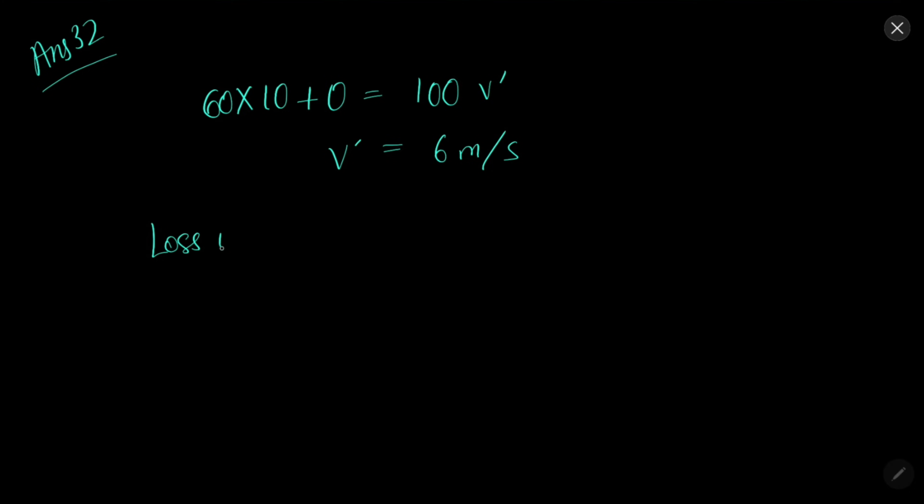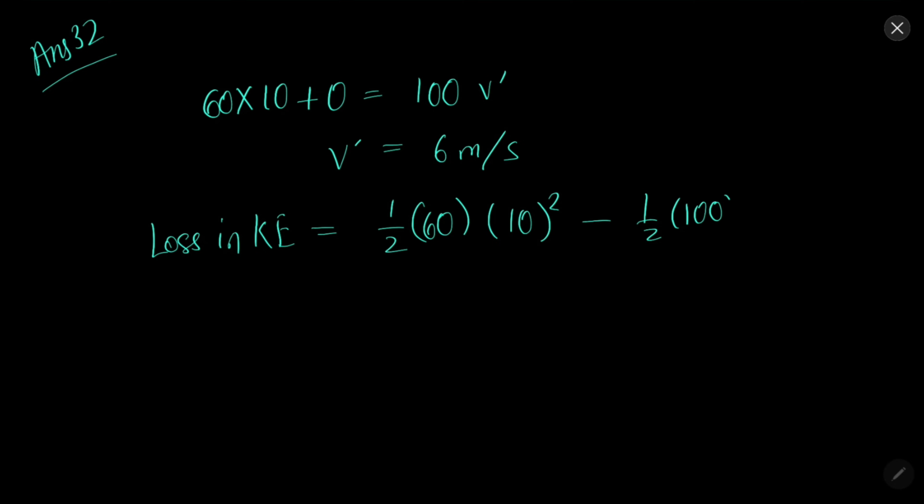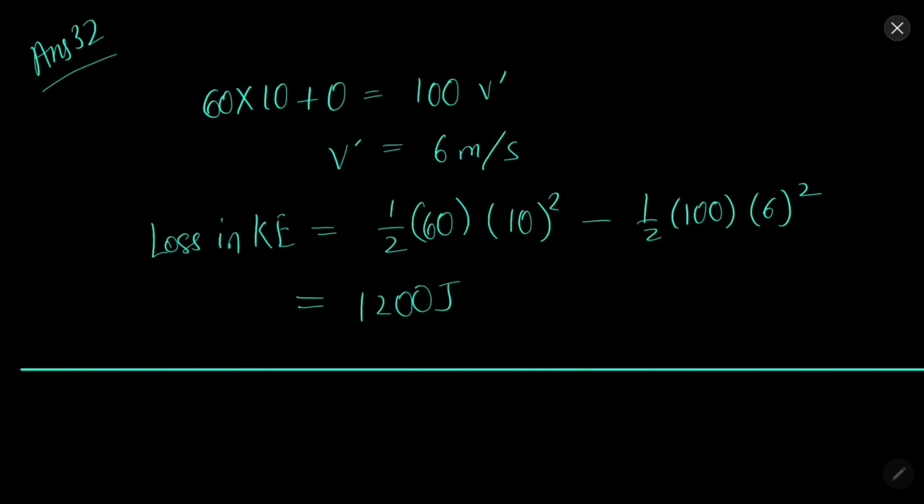So loss in kinetic energy will be half m v square initial kinetic energy minus half m v dash square final kinetic energy. After solving this, we will get 1200 joules. This is the loss in kinetic energy.